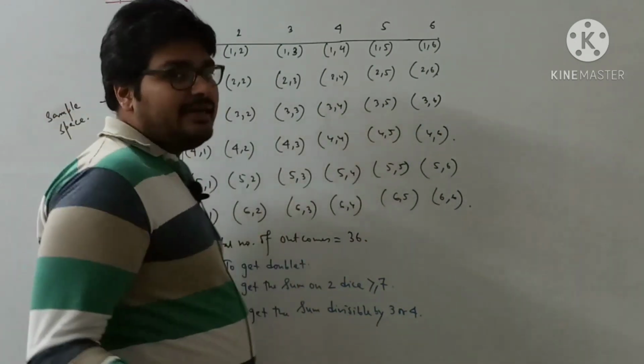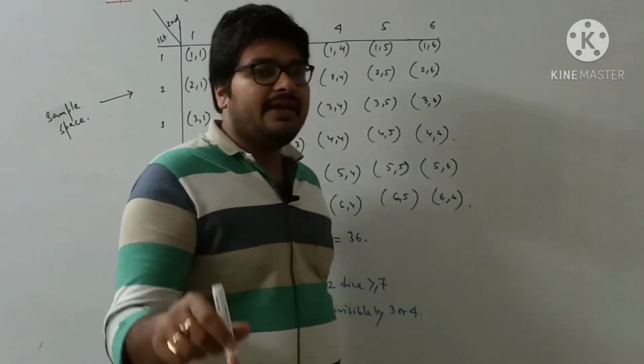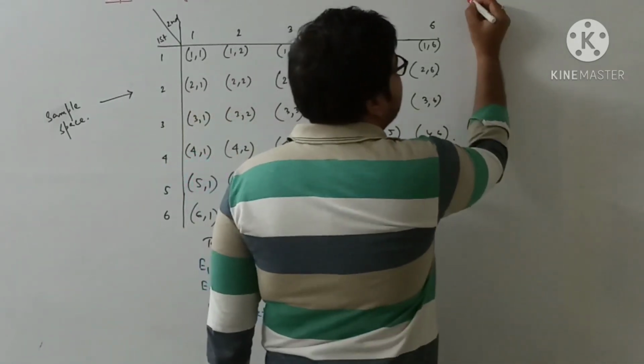Do you remember, we are finding the probability for an event. Now let's see the formula of probability. What is the formula?